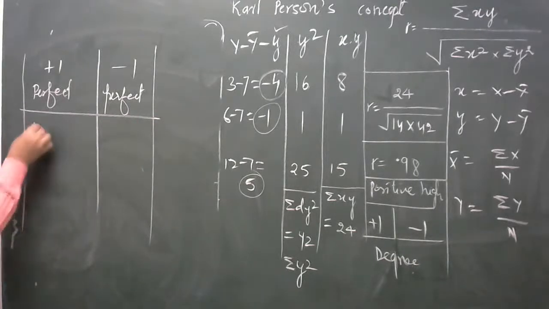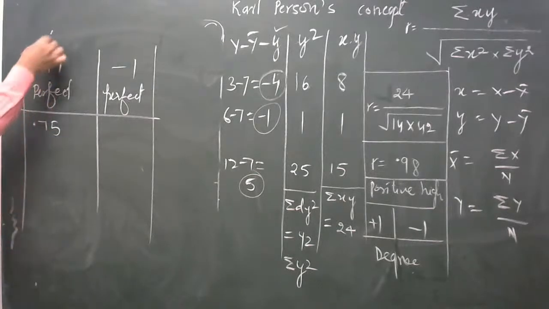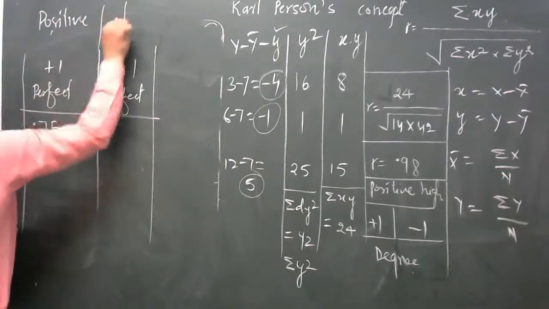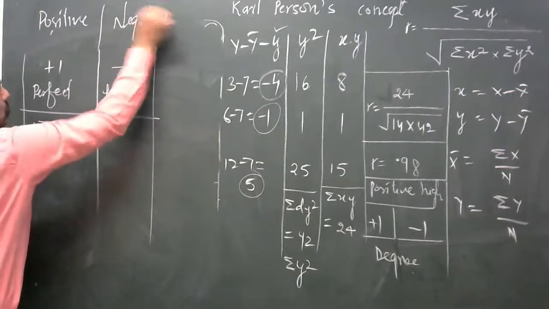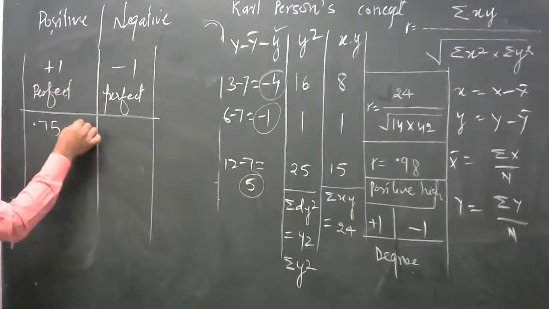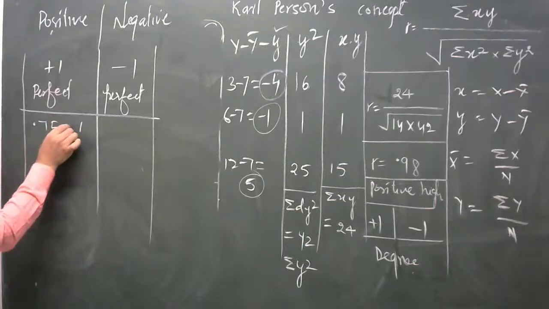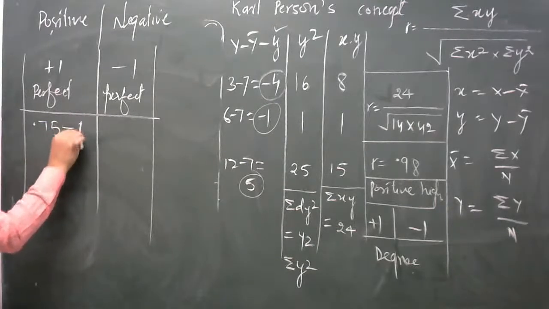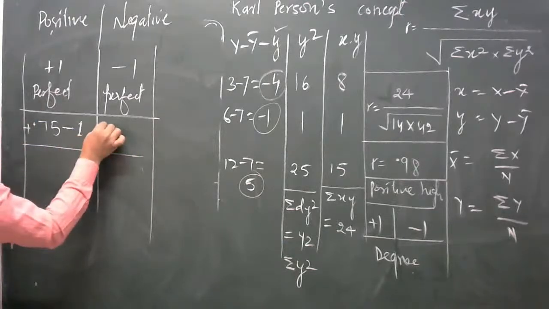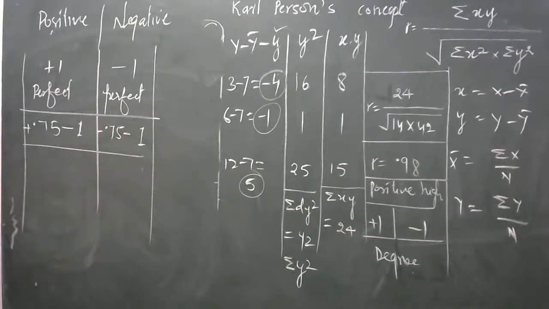Next, there is a range. 0.75 to 1, these are positive values; the other side are negative values. This is not minus, but positive, 0.75 to 1, and negative 0.75 to -1.